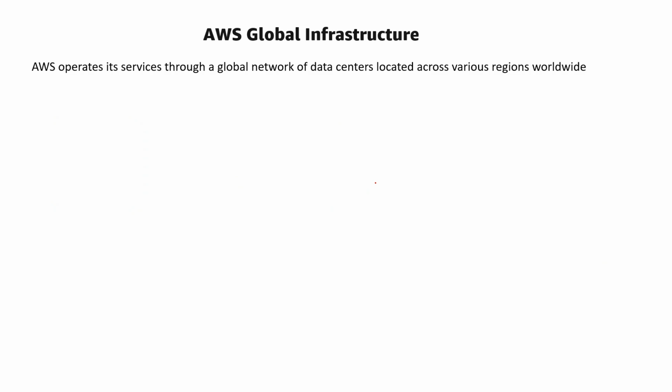Are they simply scattered all over the world, or do they have a defined structure? Now, the answer is yes. AWS's global infrastructure is organized in a region and availability zone model. All right, so we have regions and we have availability zones. This is the way the AWS data centers are organized.